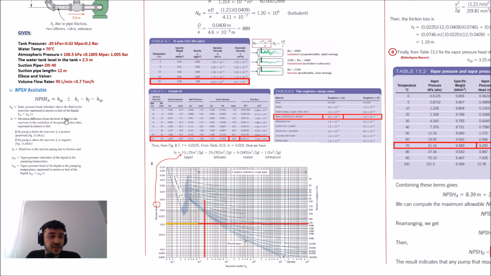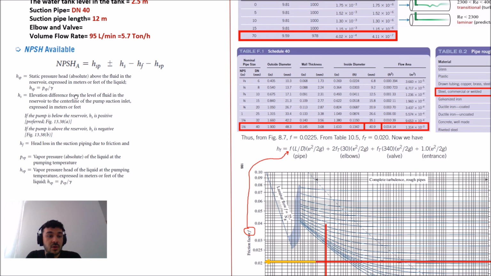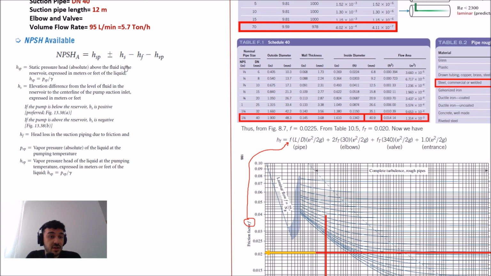And if you focus on here, what is the NPSH available value? NPSH available value consists of the static pressure head here. What is the meaning of static pressure head? Above the fluid in the reservoir expressed in meters. It is the elevation difference from the level of fluid in the reservoir to the center line of the pump suction inlet, and this value can be positive or negative.